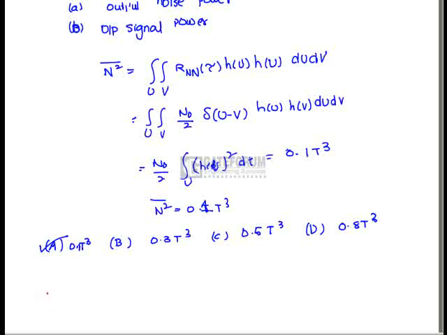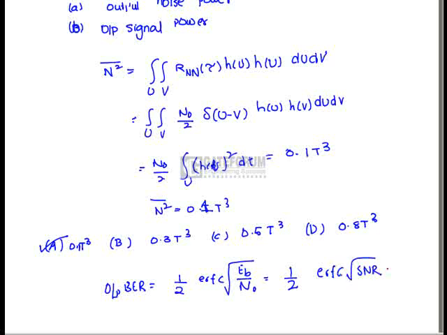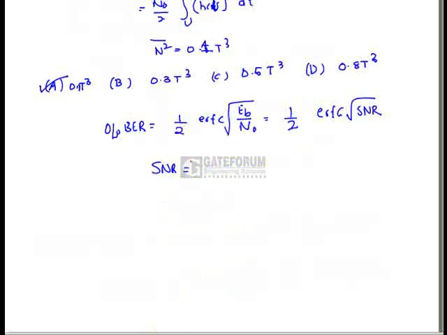Now we have to find out the output signal power. Output bit error rate equals half the complementary error function of root Eb by N0, which equals 1 by 2 times the complementary error function of root SNR. SNR equals Eb by N0. Now SNR equals output signal power by output noise power, equals S by 0.1 t cube.